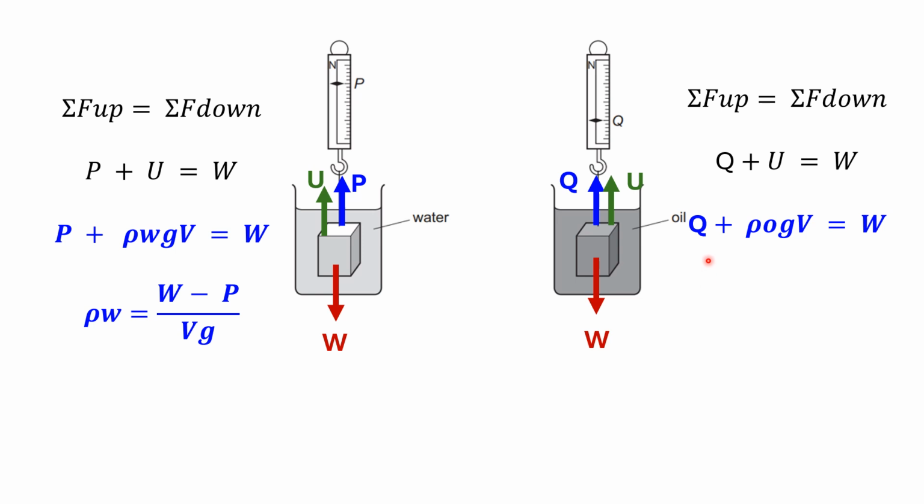But again, we are going to do substitution: U, or the upthrust force, is the density of the liquid, in this case oil, times G, times the volume of the cube, is equal to W, which is the weight of the cube. So I'm going to rearrange in terms of the density of the oil. So now I have the density of the water and the density of the oil expressions.